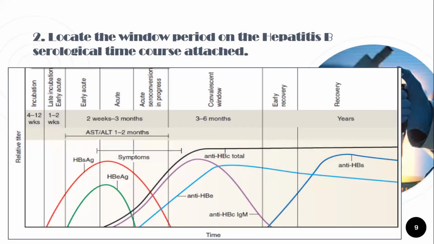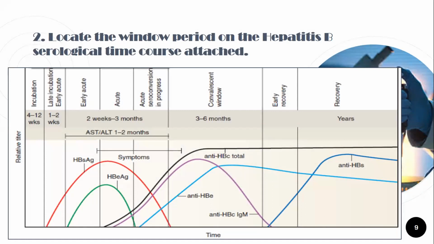So for this, the following question: locate the window period in the hepatitis B serological time course attached. For our case, acute HBV infection in core window, the window period is found here, depicting 3 to 6 months.